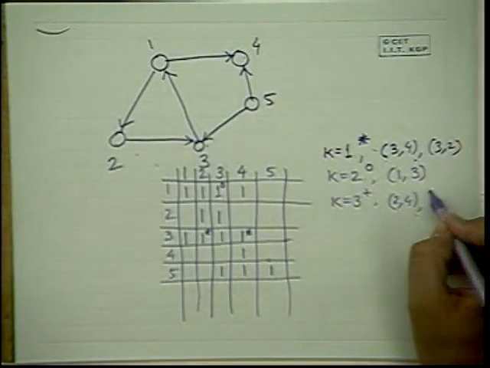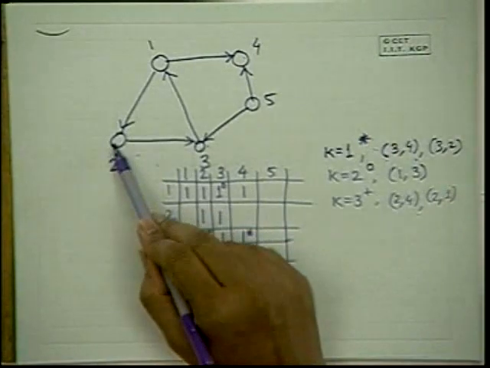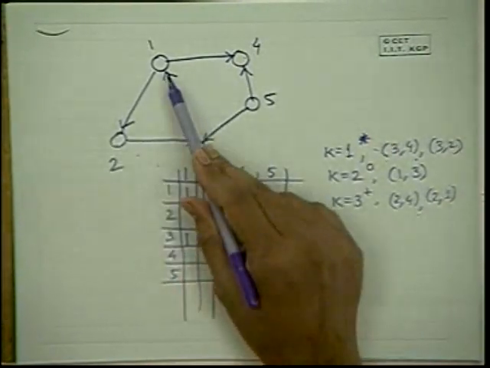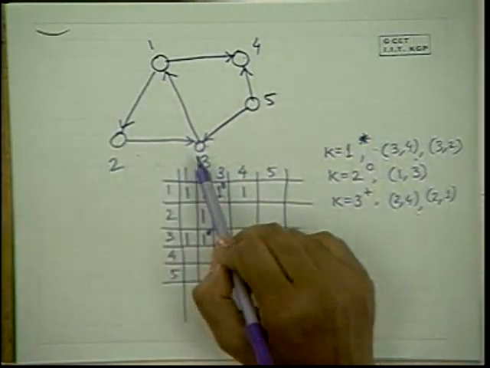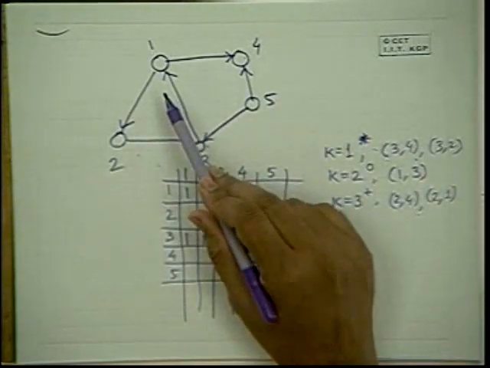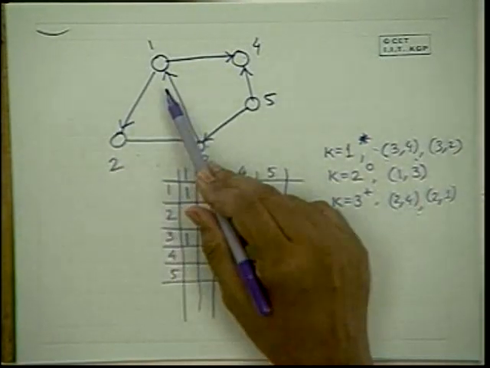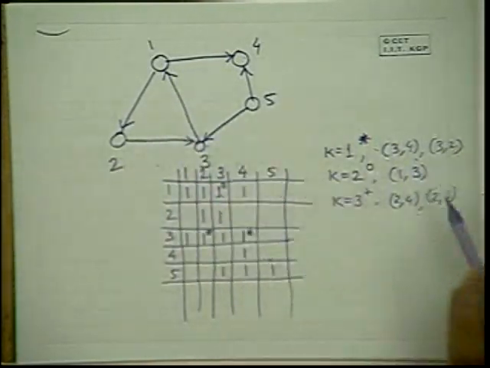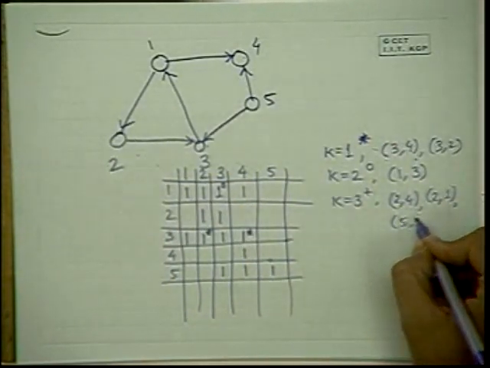There is another one, 2 1. You can have a path like 2, 3, 1. This is true because d23 is 1, d31 is 1. So according to the algorithm, d21 should be 1 at this iteration. Then there is another one, 5 1.